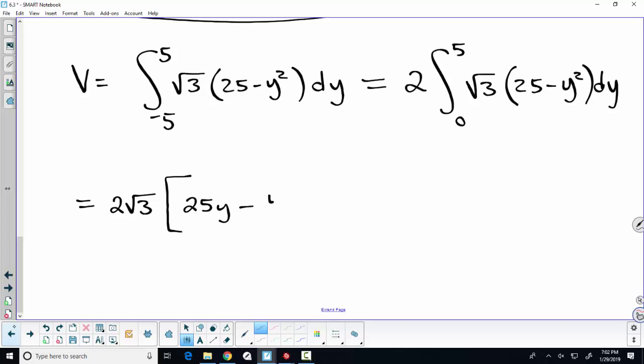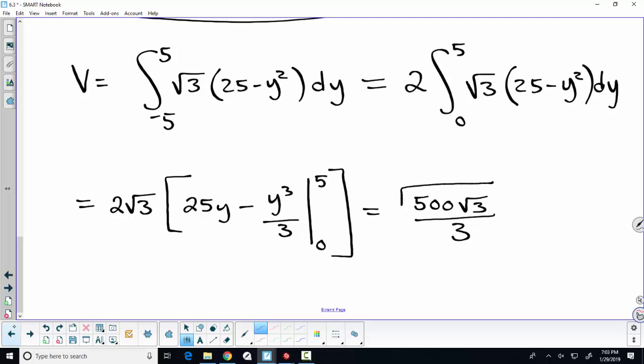The antiderivative of minus y squared is minus y cubed over 3, evaluated from 0 to 5. The advantage of having one lower bound be 0 is that it's just easier to evaluate, because when we plug all of that in, all of this is 0. 500 root 3 over 3 is the volume.